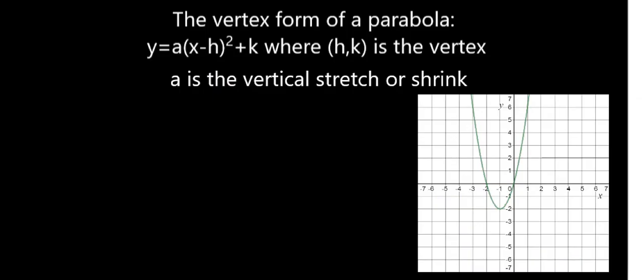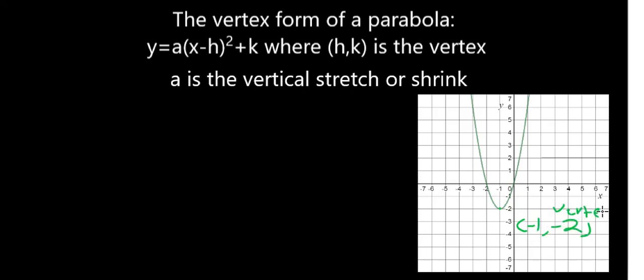The vertex form of a parabola is y equals a times x minus h squared plus k, where h, k is the vertex. Here a is the vertical stretch or shrink. If we wanted to create an equation for this parabola in vertex form, we would need to find the vertex. Here the vertex is the point negative 1, negative 2.